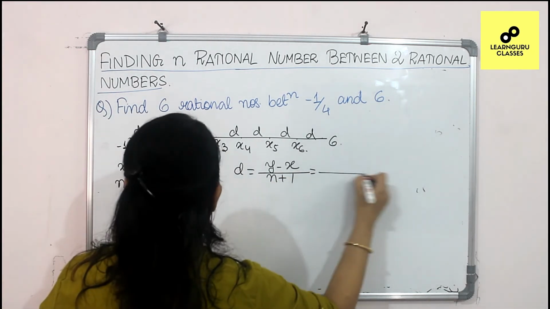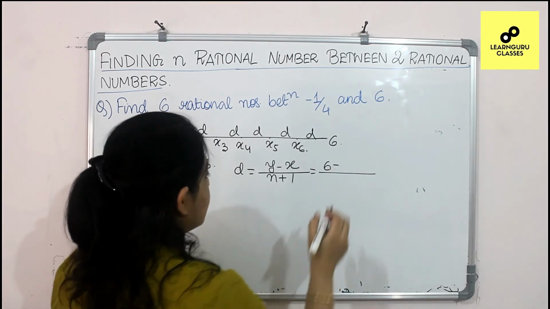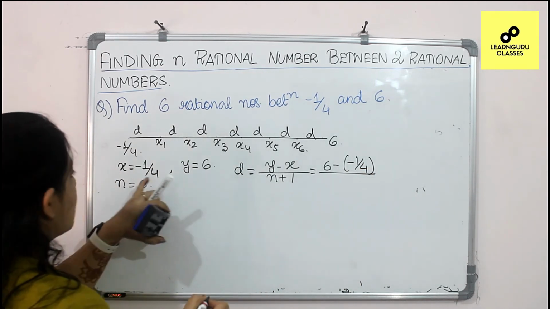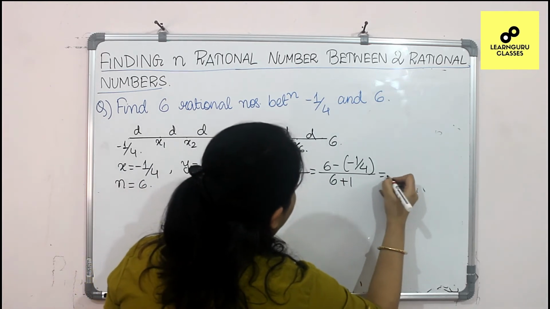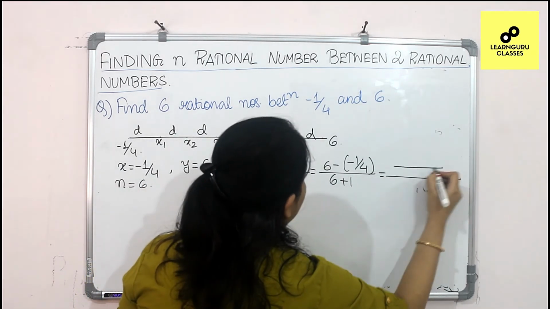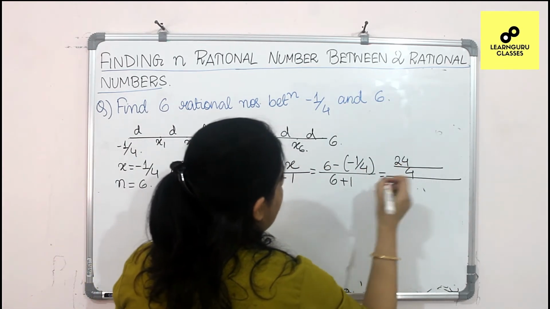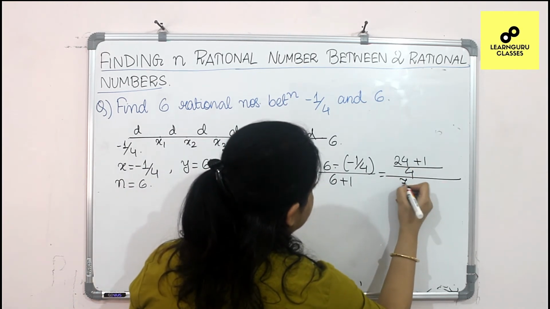So d is how much? 6 minus x is 6 plus 1 by 4, so let us keep it within brackets, divided by n plus 1, that is 6 plus 1. Okay, so the LCM is 4. 6 fours are 24 plus 1, that is 25 by 4, and this is 7.